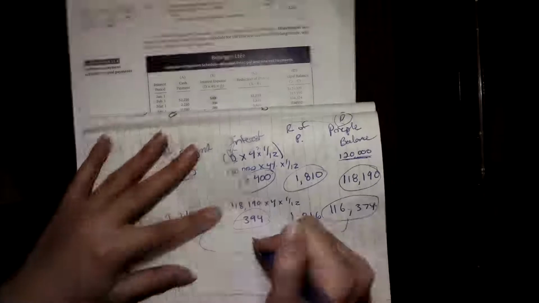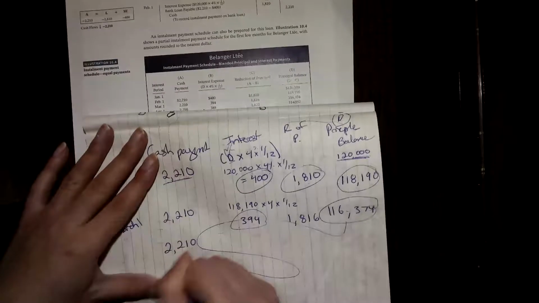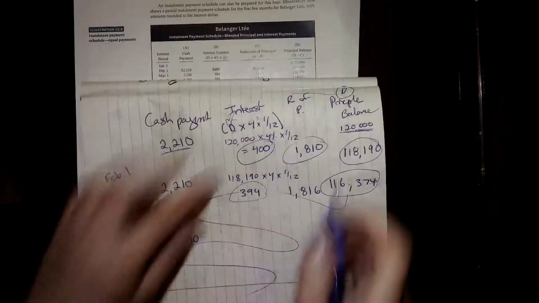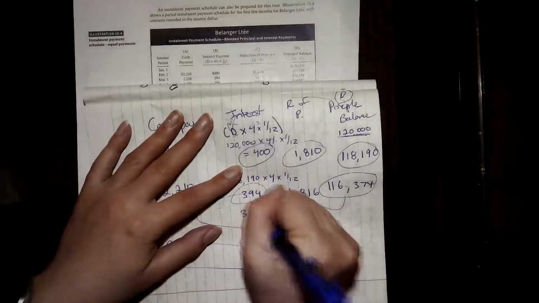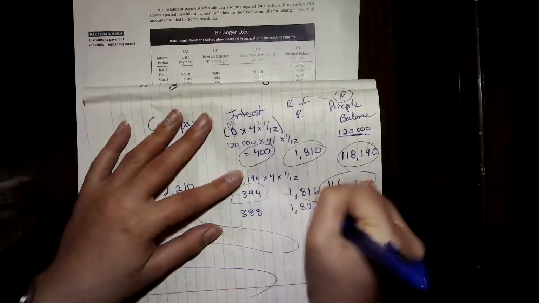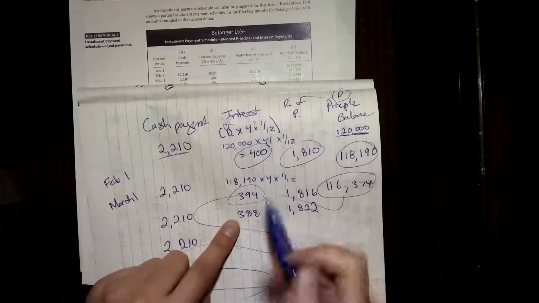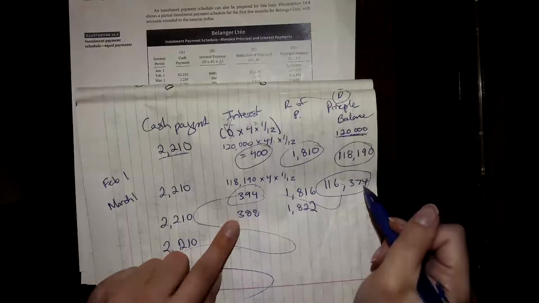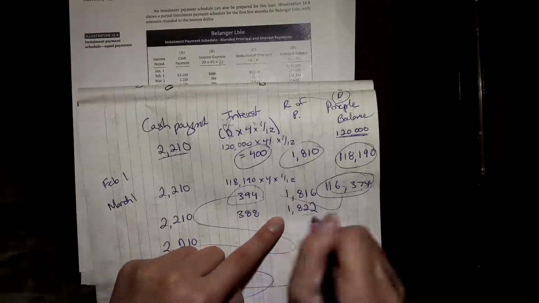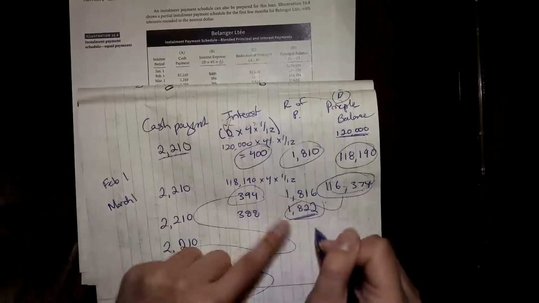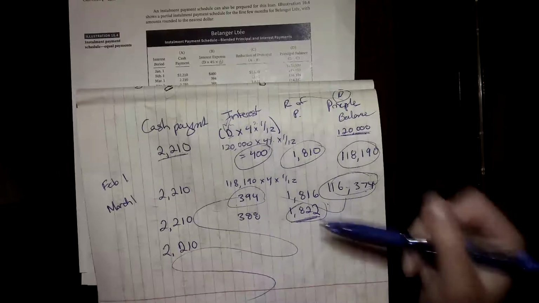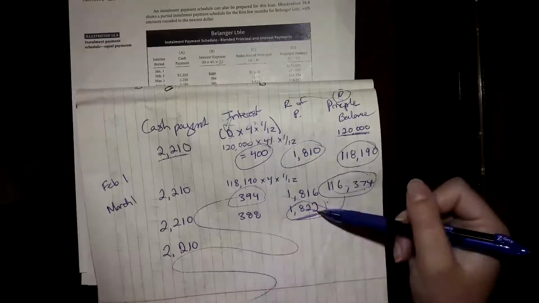If you see every month, this is a fixed cash payment, but you see over time that your interest is going down because your interest is calculated on your principal and your principal is going down, and your reduction of principal, the amount you're actually paying back of your loan, is going up.